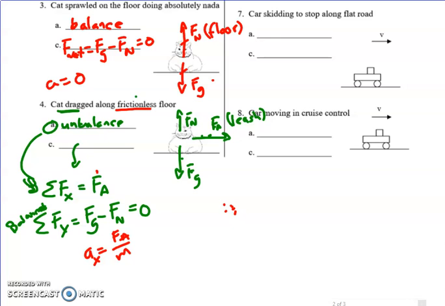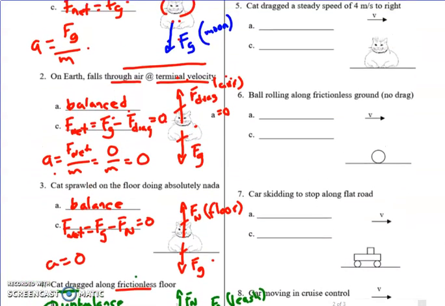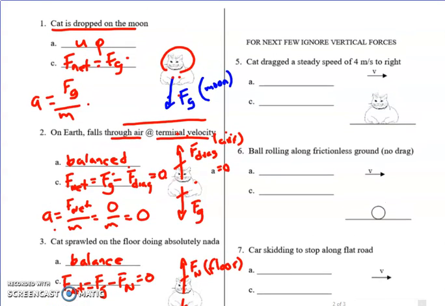Okay, so what I want you to try to do is the right-hand column. In the right-hand column, to save us a little time, we're going to ignore the vertical forces. So all you're interested in are the horizontal forces. I put little velocity vectors here to indicate the direction of motion. Velocity is not a force, so that should not be part of your force diagram or your F net.